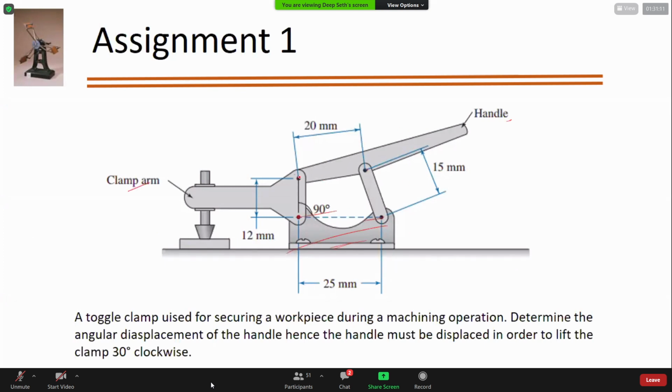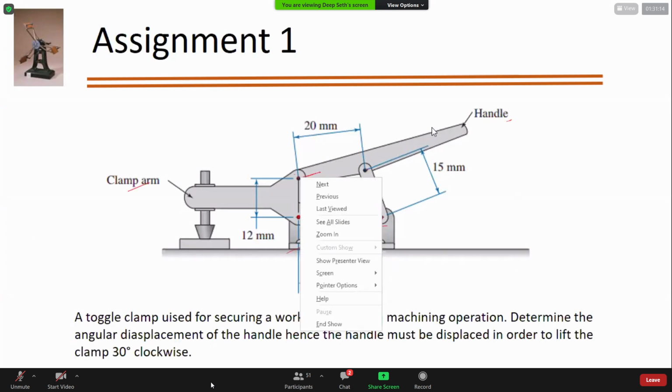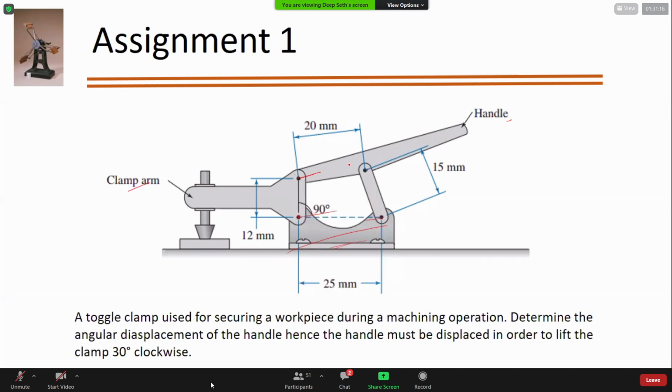When you are seeing this handle, it's actually not all 3 points, this point, this point and this point, where you will put your hand and hold this handle. These are not on the same line, so that's why it forms a triangle, something like this.